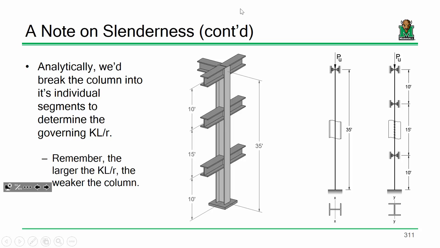See what I mean? Because if the lengths are the same and the boundary conditions are the same, then the weak axis is going to govern. The strong axis only governs when the lengths or the boundary conditions are different. In this case, they are. But in the case you're mentioning, they probably wouldn't. Does that make sense? Those are good questions to ask. All right. Anybody else? This is good stuff.